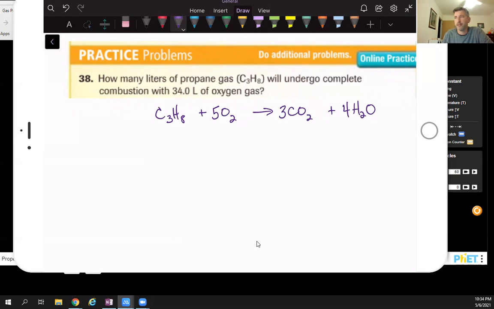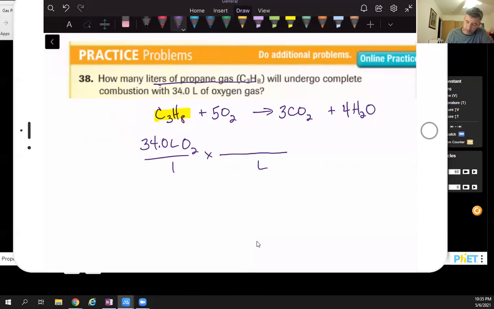So how many liters of propane gas, and the propane is this stuff, C3H8, will undergo complete combustion with 34 liters of oxygen gas? So all that means is I'm going to start with 34.0 liters of O2, and I want to convert that to liters of propane, C3H8.